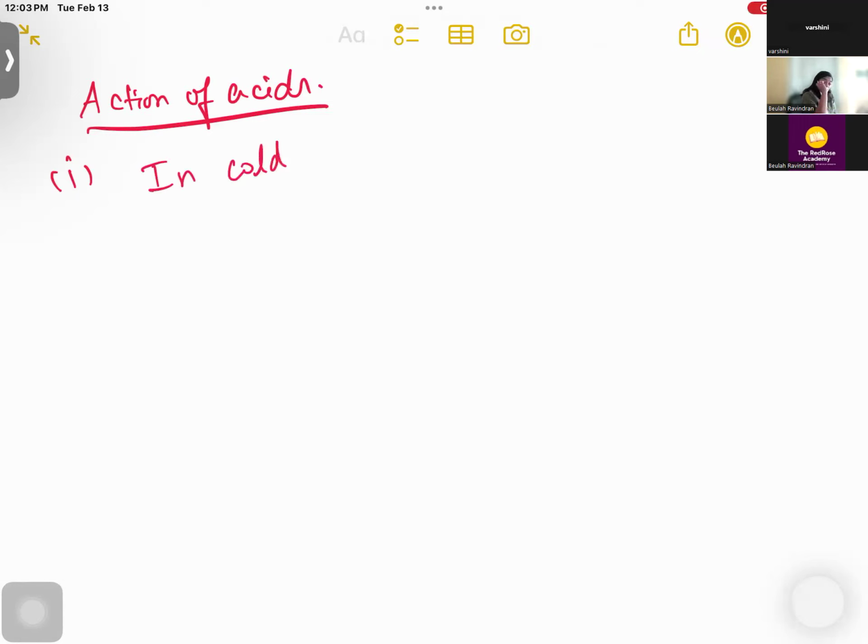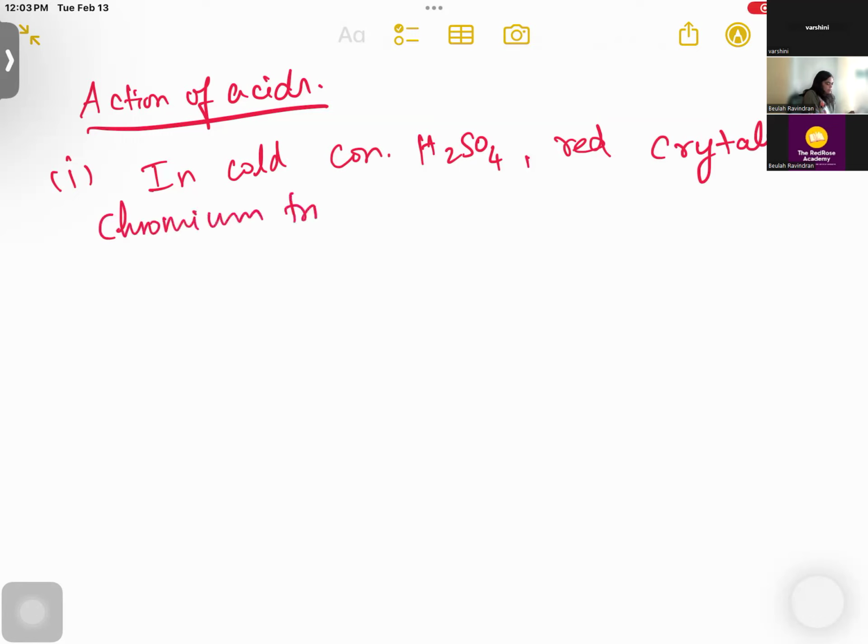Okay, cold concentrated sulfuric acid. Red crystals of chromium trioxide are separated out. That means filtered and get cold.